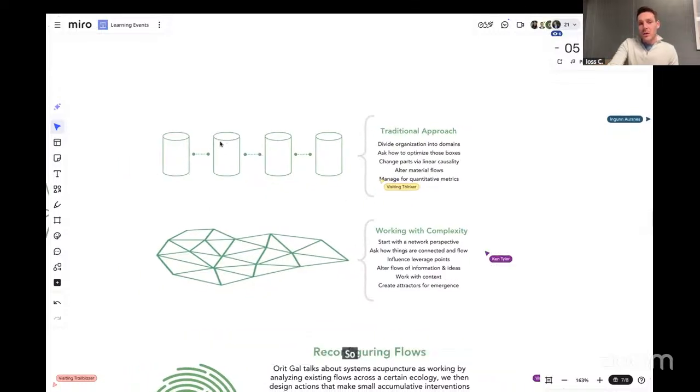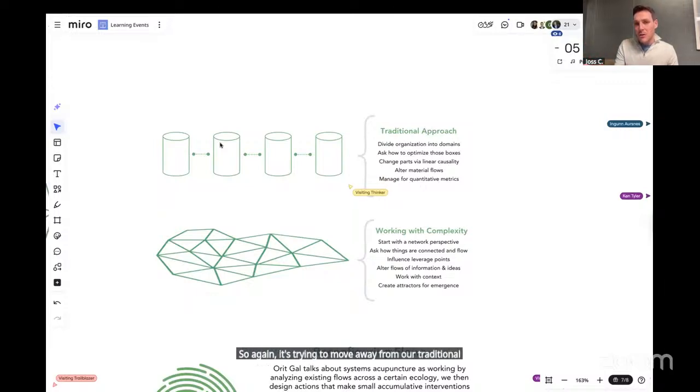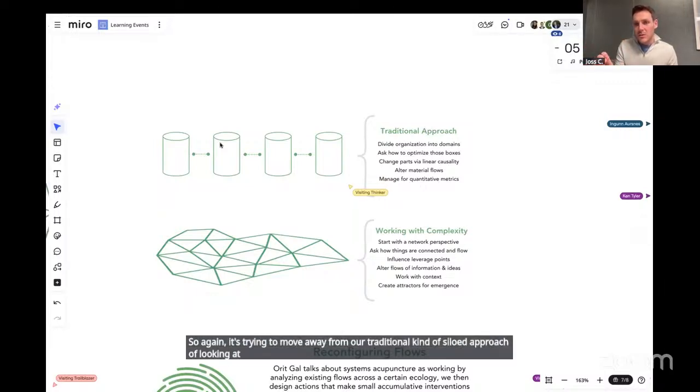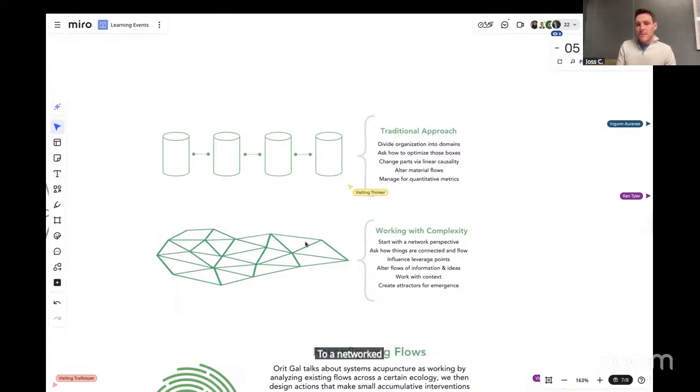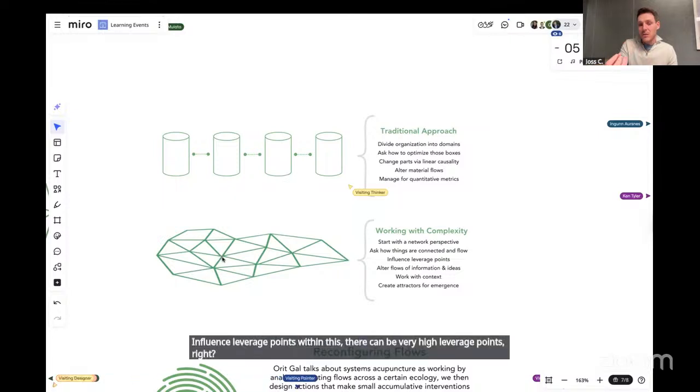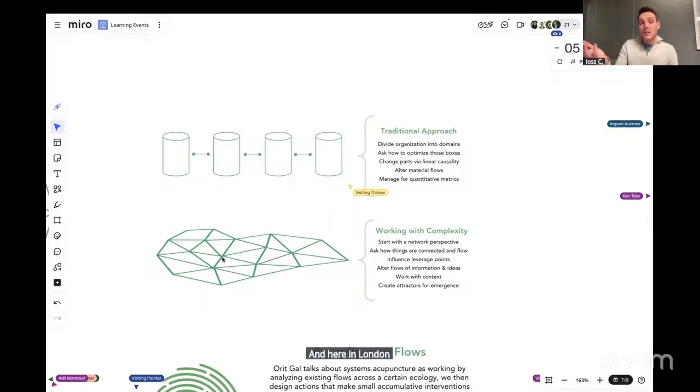So again, it's trying to move away from our traditional siloed approach of looking at a system, an organization or whatever it is, a city, to a networked approach and ask how things are connected and flow. Influence leverage points within this, there can be very high leverage points, right? If we influence maybe a central node, if this is a city, and well, here in London, in East London, there's not very many bridges.